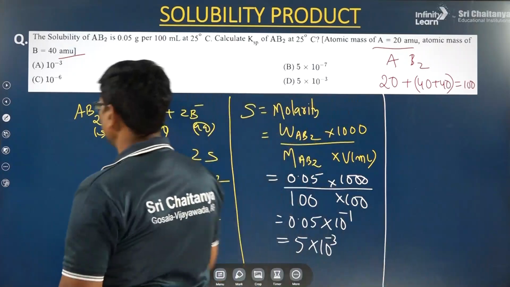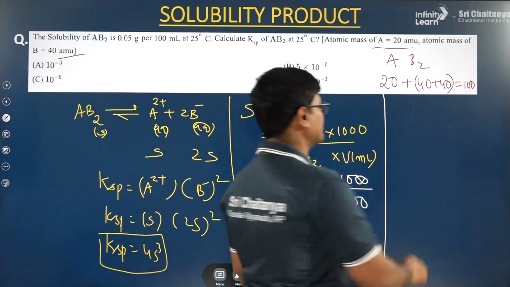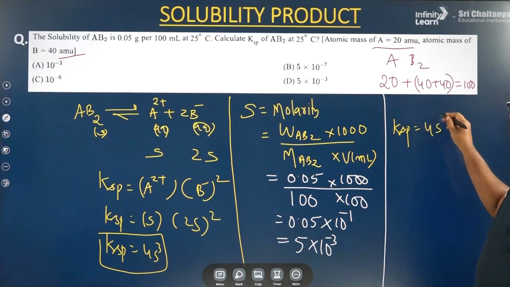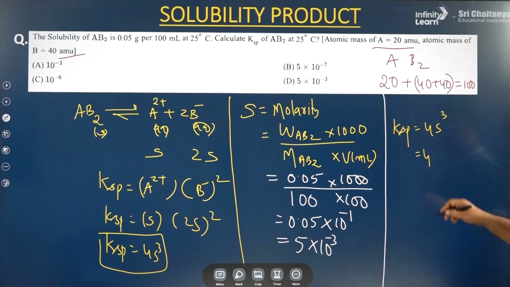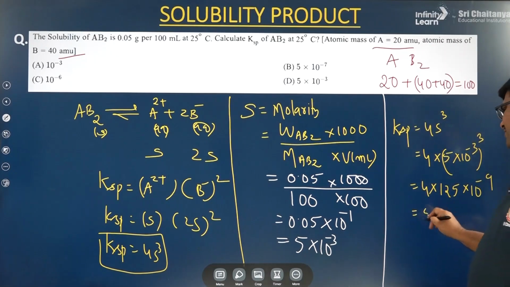Then what is KSP? The KSP is 4S cube. Therefore, 4 into S value, 5 into 10 power minus 3, whole cube. 4 into 5 cube is 500, into 10 power minus 9.